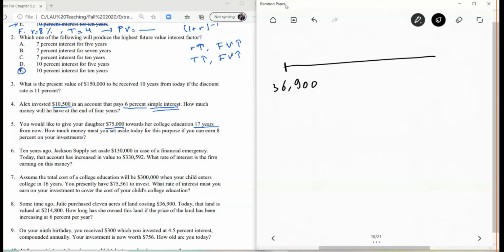So after a certain period of time, the value of the land is 214,800. This means this is PV and this is FV. How long has she owned this land if the price of the land has been increasing at 6% per year? So now I have R, I need to determine T.